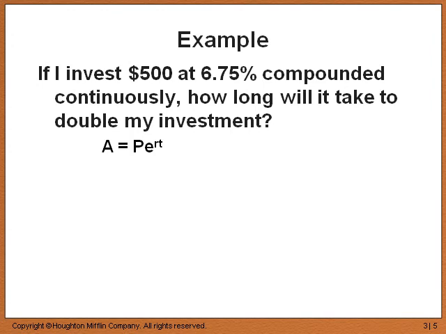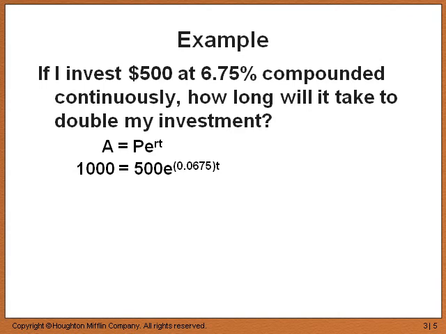So we start with our continuous compounding formula for interest, and we have A equals P e to the rt. Well, A is my final amount, and since the problem is asking me about doubling the investment, 1,000 is the double of 500.